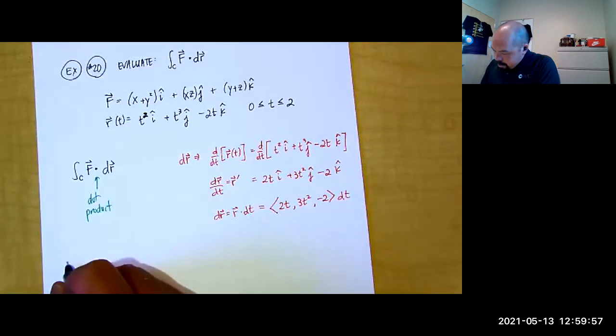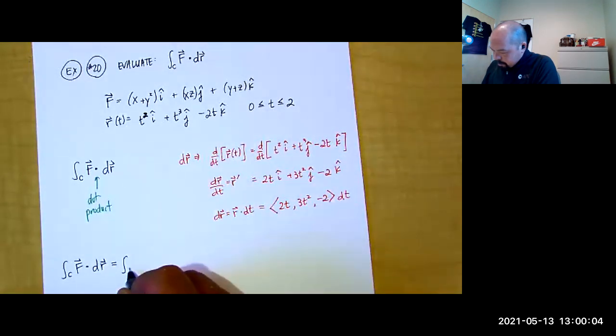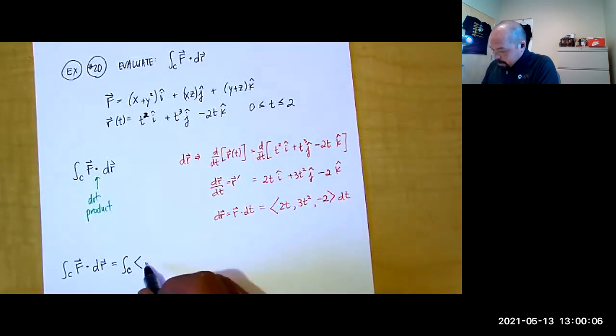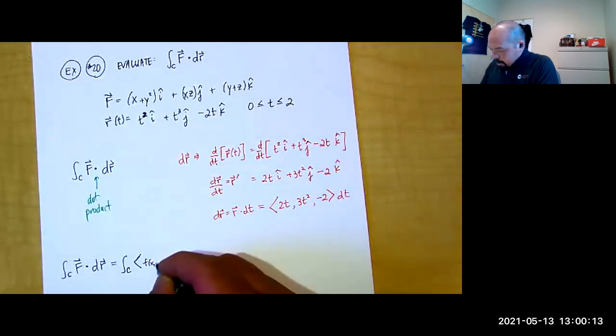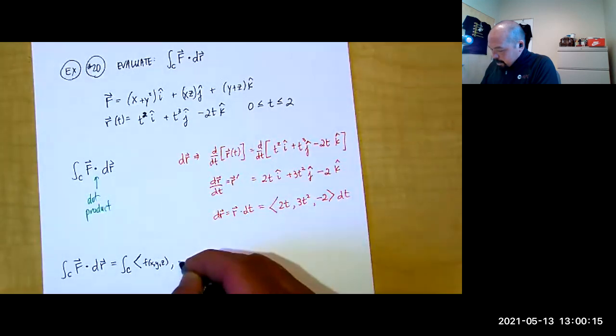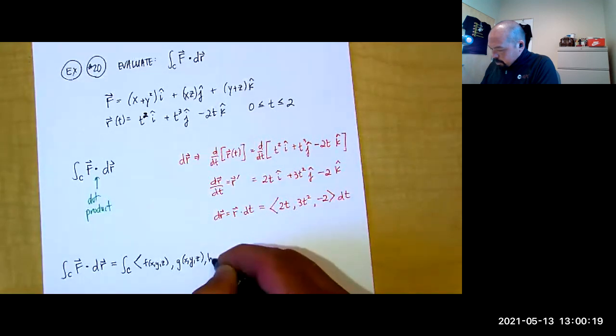So then, that's going to be F of x, y, z, G of x, y, z, H of x, y, z.